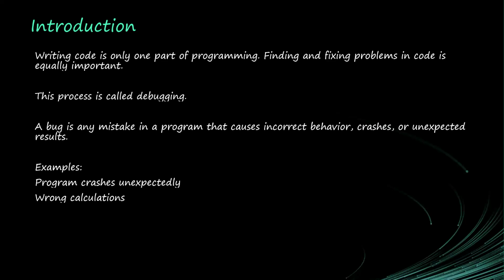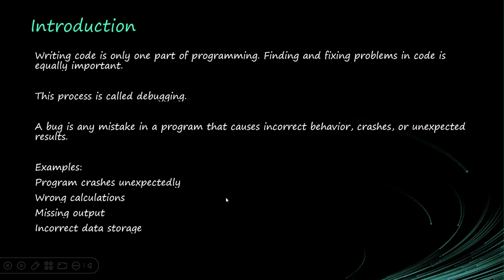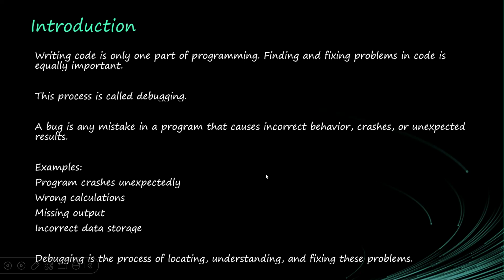When you have a wrong calculation, your intention might be to calculate the area of a square or a rectangle, but you were actually using addition instead of multiplication. Missing outputs, and incorrect data storage, are also examples of bugs in your program.